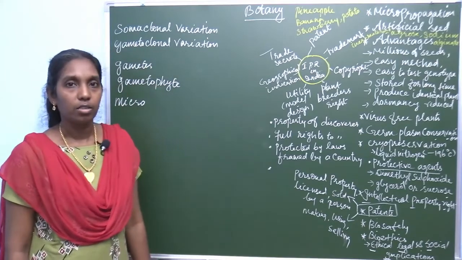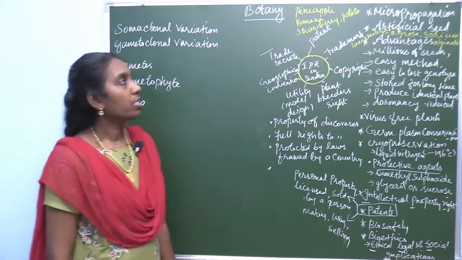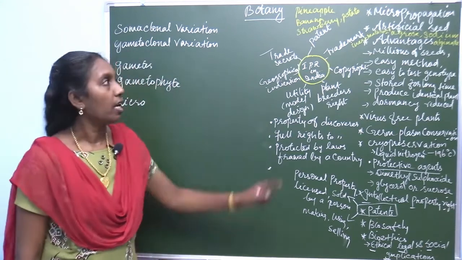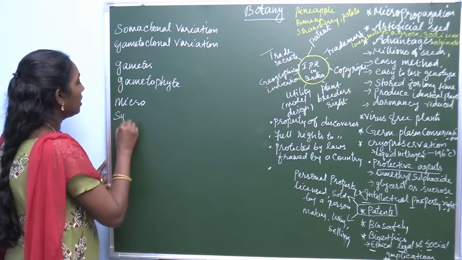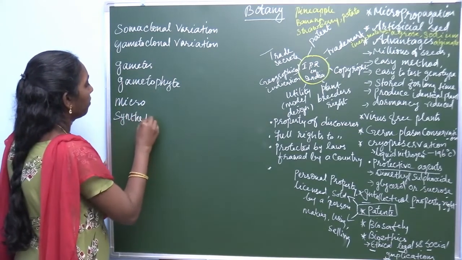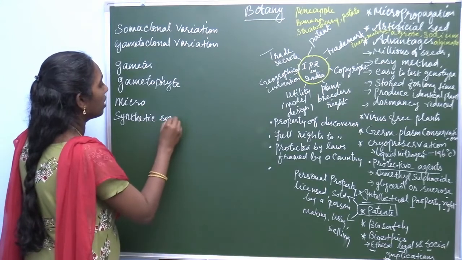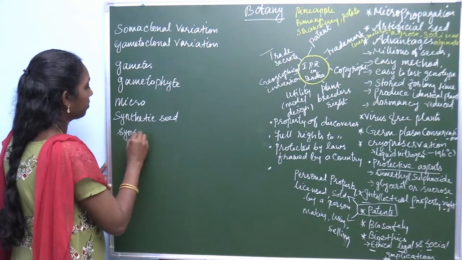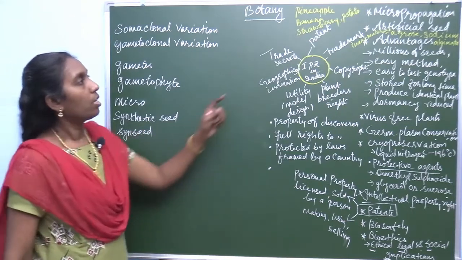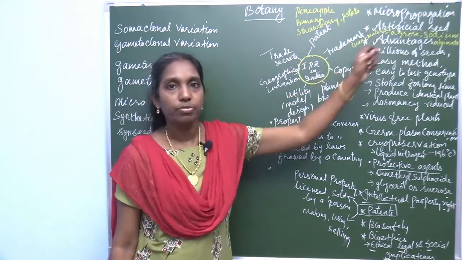This is another 3-mark question. Next question, artificial seed. Artificial seed is otherwise called synthetic seed, or syn seed. There are different names given for this artificial seed.